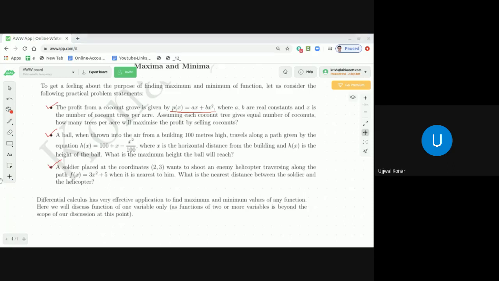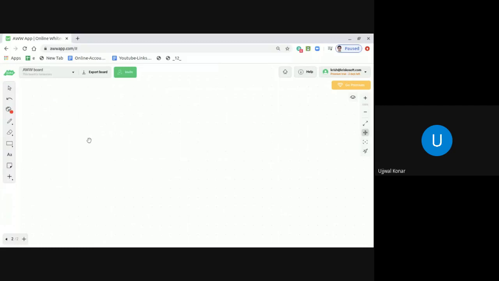Now, before we proceed further, we need to understand what absolute maximum and absolute minimum of functions of a single variable are. So our next point of discussion, dear students, is the absolute maximum and absolute minimum of functions of a single variable, and I'm going to discuss that now in the next page.